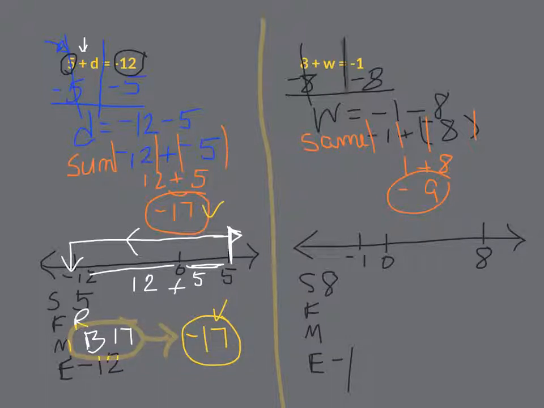So, next thing, where did I start? I started at 8. Whoops, that was a little bit off. Let me move that. I started at 8. I know I'm facing to the right because I'm adding. And now I just need to get to the -1.